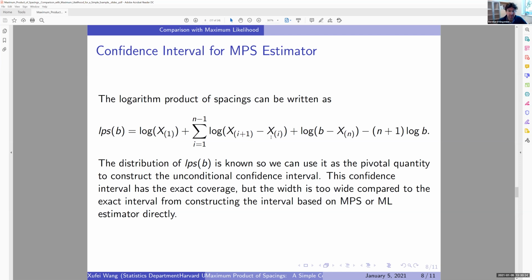Because you were asking once whether it's similar to maximum likelihood. It would be interesting to see if for discrete data, this is closer to the likelihood or not, the product of spacings. I think that's if you have ordinal data. I haven't thought about that, but it's quite interesting for discrete data.